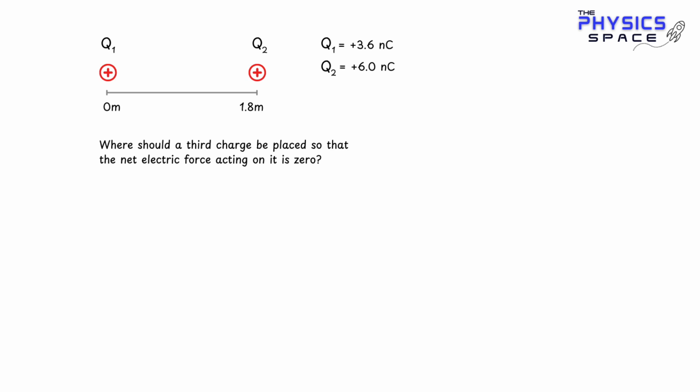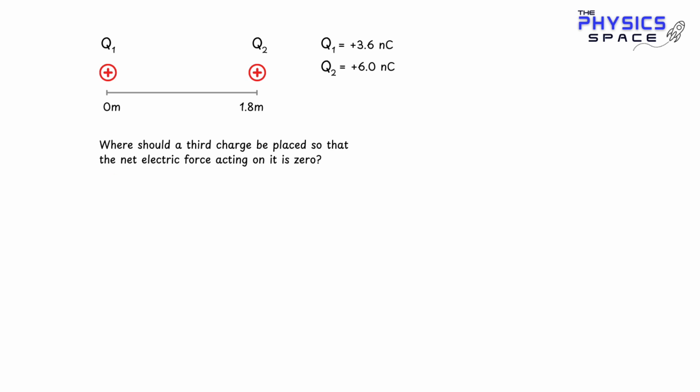So somewhere in between those two charges, we're going to be able to put a third charge so that the net force acting on it is 0, and it actually doesn't matter. We don't have the magnitude or the sign of a third charge, but it actually doesn't matter whether that charge is positive or negative, and the charge magnitude doesn't even matter. And once we get into the math, you'll see why exactly that is.